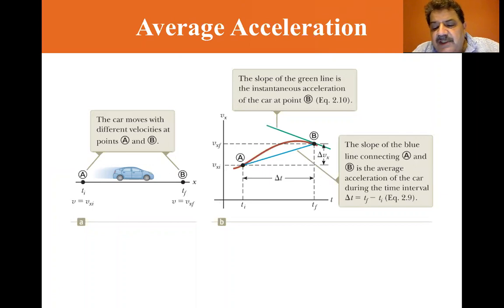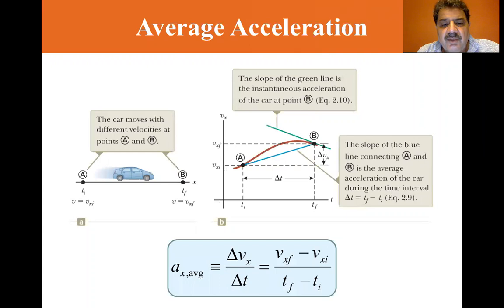The average acceleration, ax average, of a particle is defined as the change in velocity, delta vx, divided by the time interval, delta t, during which that change occurs. Average acceleration is the change in velocity over the change in time: vxf minus vxi, divided by tf minus ti.